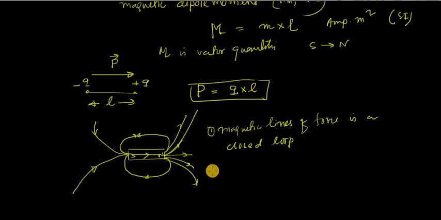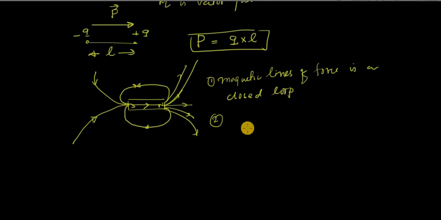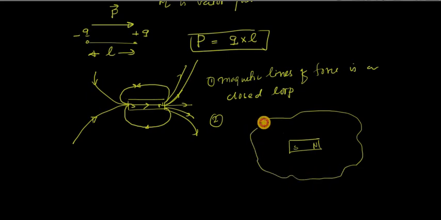Next, property number two. When you place this bar magnet over here, a field is developed in the surrounding medium.